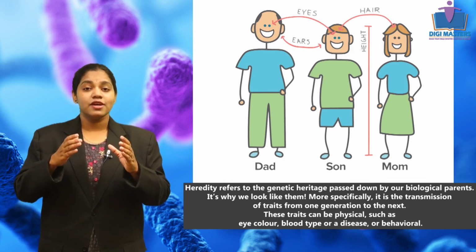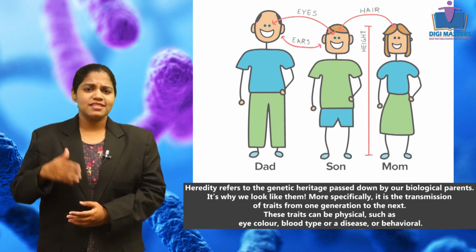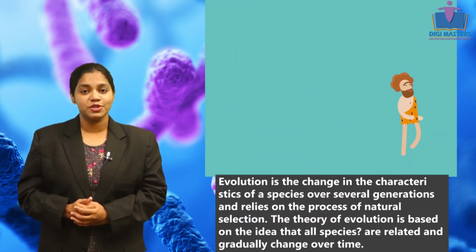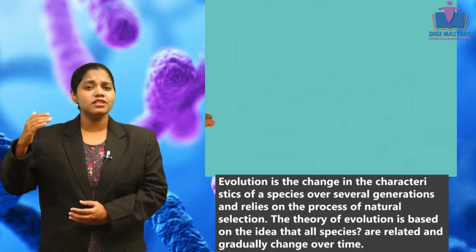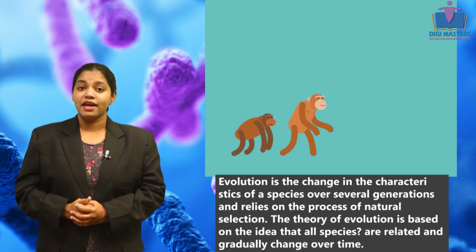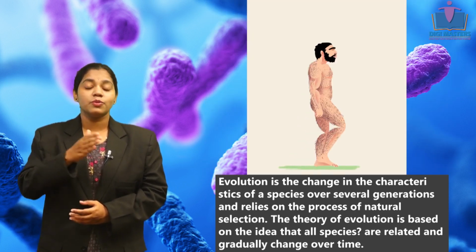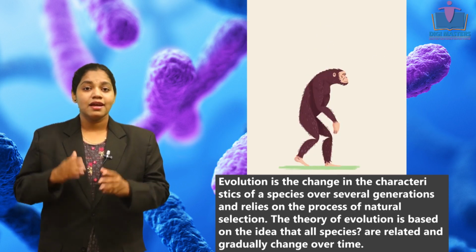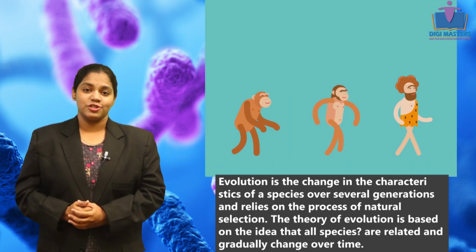So these traits we get from our parents, whereas the term evolution is a change in the characteristics of the species over several generations and relies on the process of natural selection.